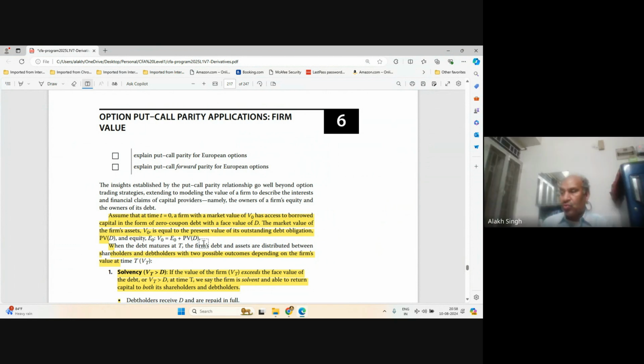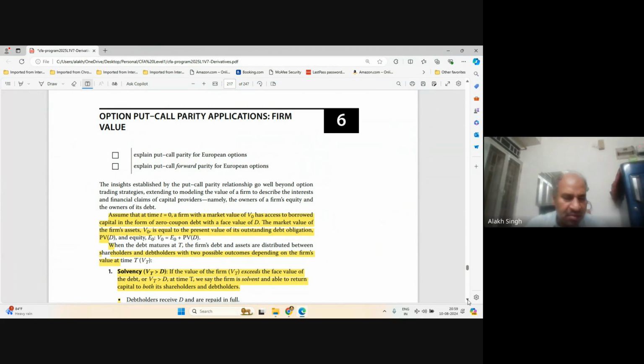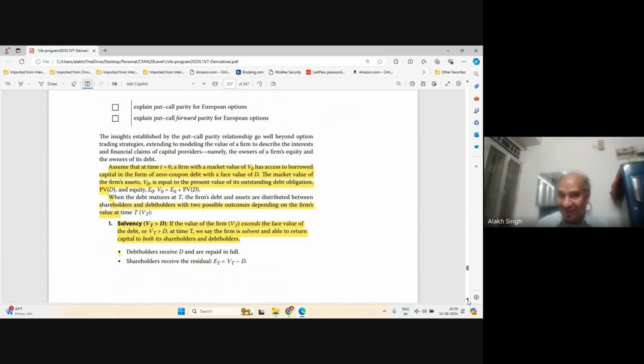So total assets is the present value of the firm. Liability is their debt. So present value of debt plus equity is equal to total assets, and total assets is the value of the firm. From the accounting, you got it? Because the value of the firm is total assets.